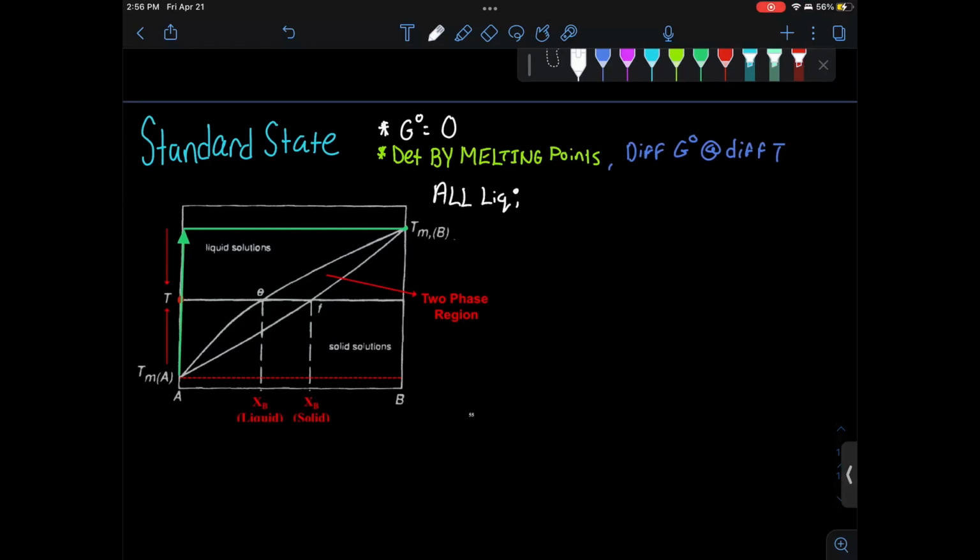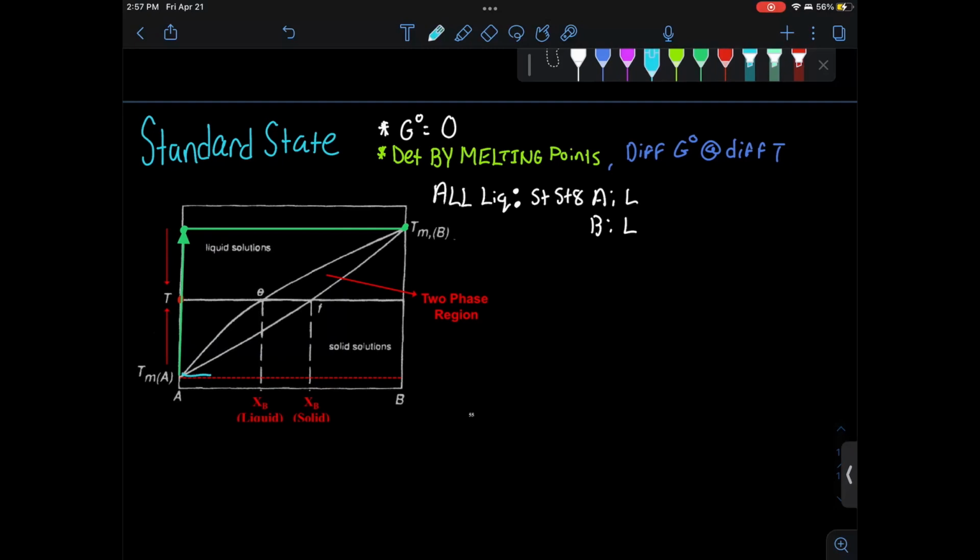So a good point would be to make our standard state of A be a liquid and B also be a liquid, since when we have all A, we have a liquid, and when we have all B, we have a liquid.